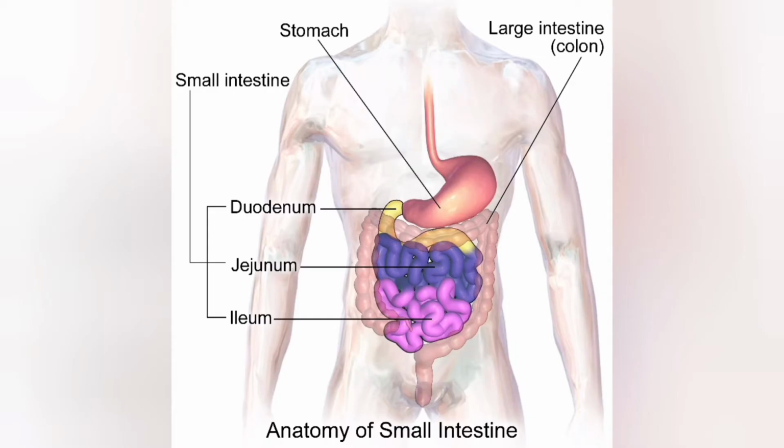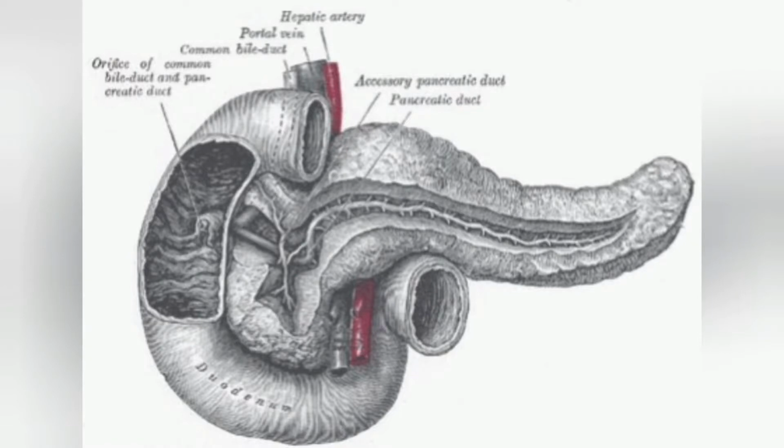As I have already mentioned, the small intestine is further divided into 3 parts. Number 1, duodenum, second, jejunum and third, ileum. The stomach opens into a small C-shaped narrow part called the duodenum, measuring about 25 cm in length.